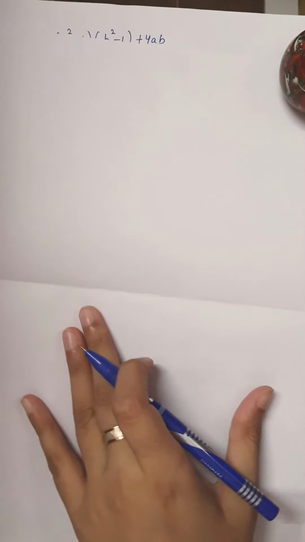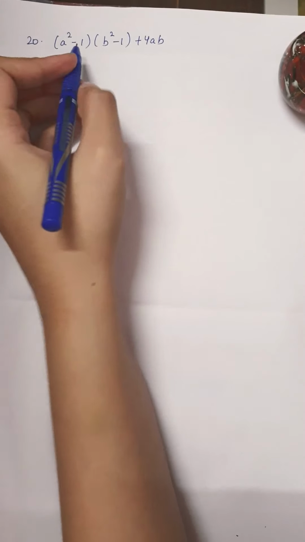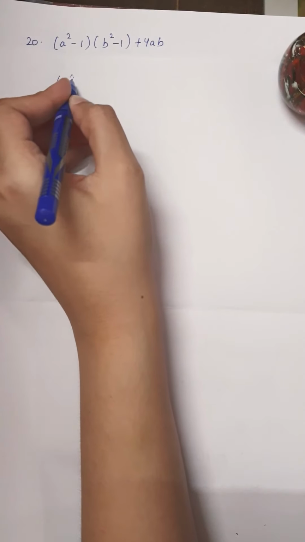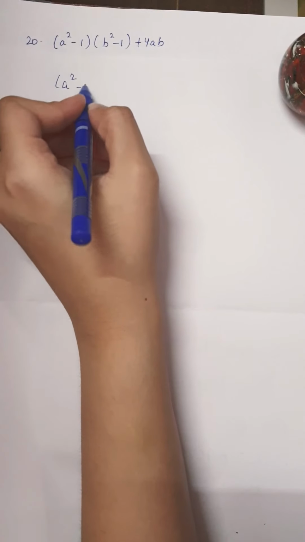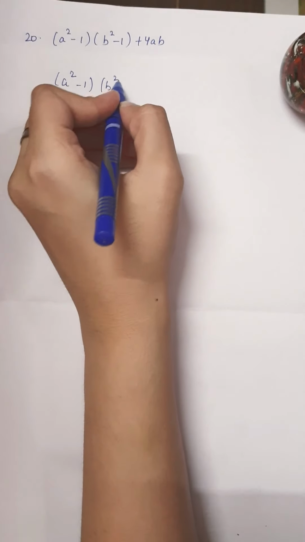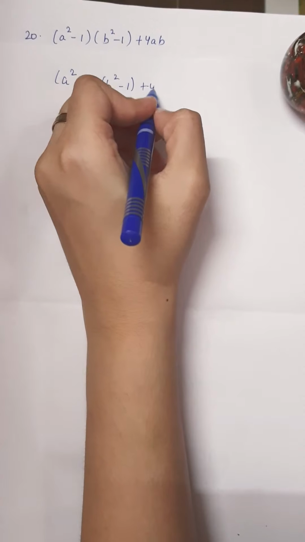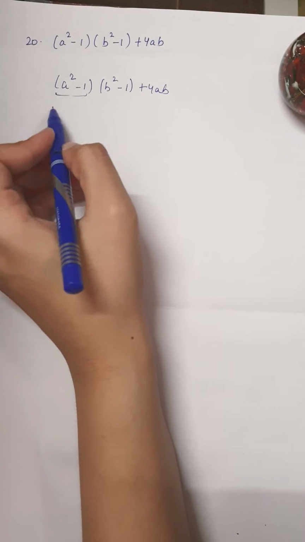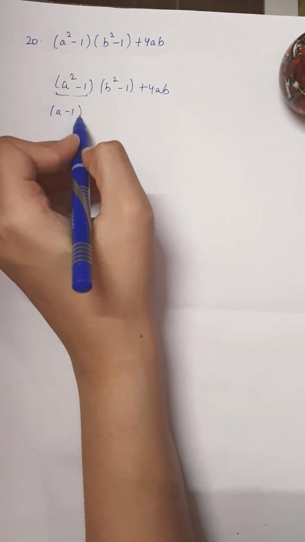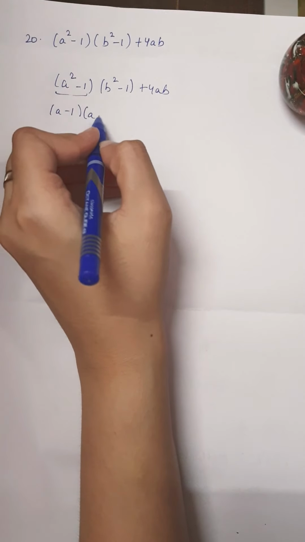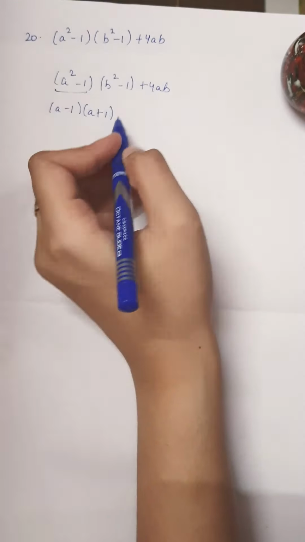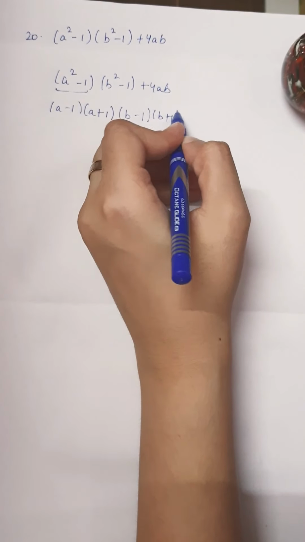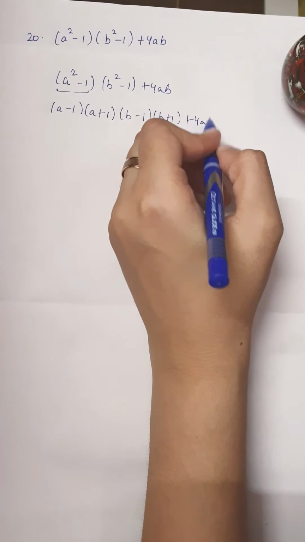Okay, so I hope you all have tried. So as we can see, a square minus 1 b square minus 1 plus 4ab. This is a format of a minus 1 and a plus 1, and this is a format of b minus 1 b plus 1 plus 4ab.